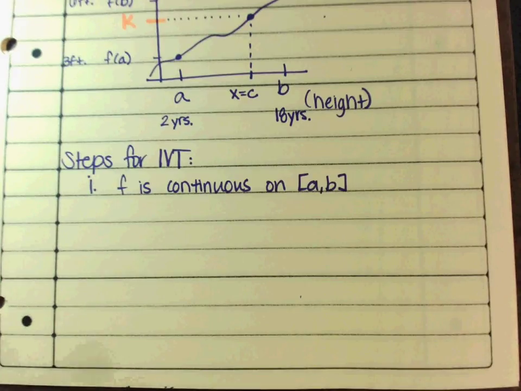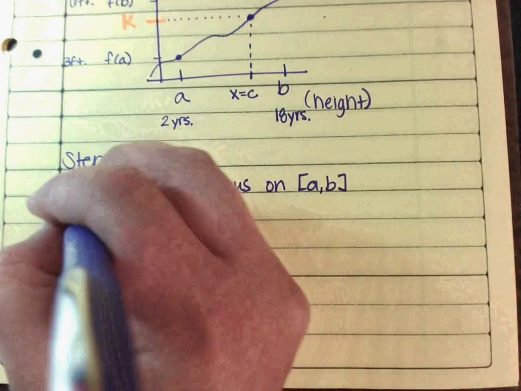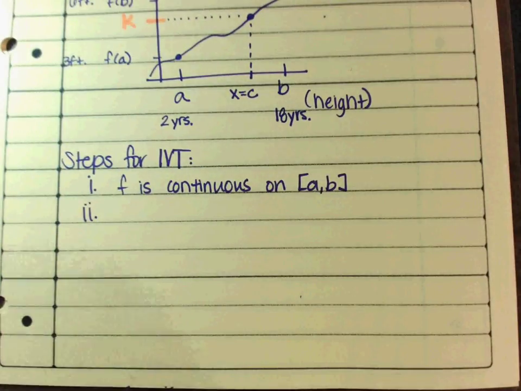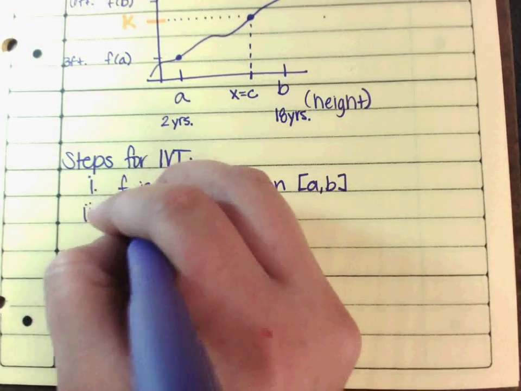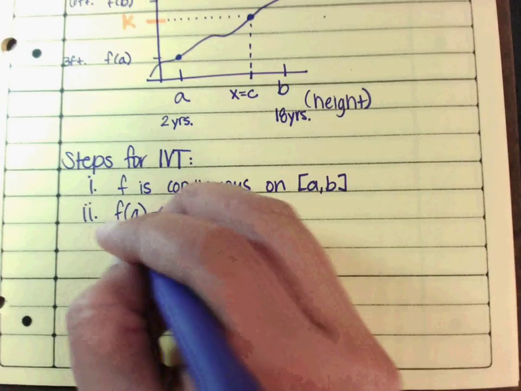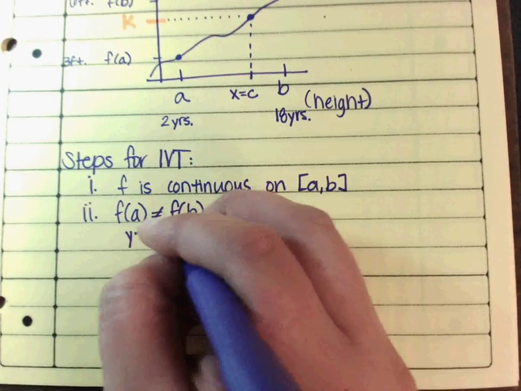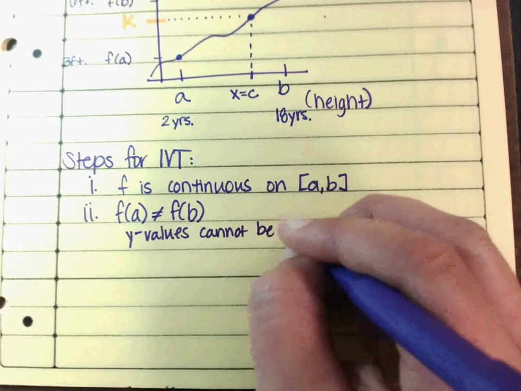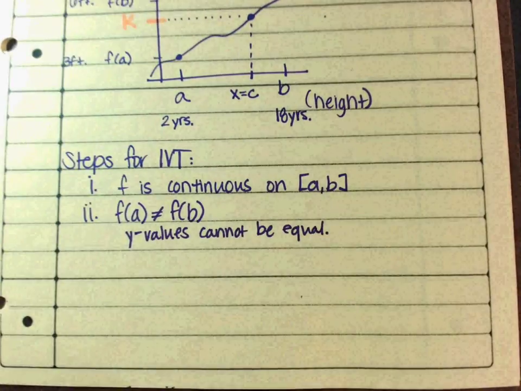They're going to be x squared, x cubed, functions that are all pretty normal. Okay, step number 2. F of A and f of B cannot be what? Cannot be equal to each other. So your y values cannot be equal. That's the second thing.